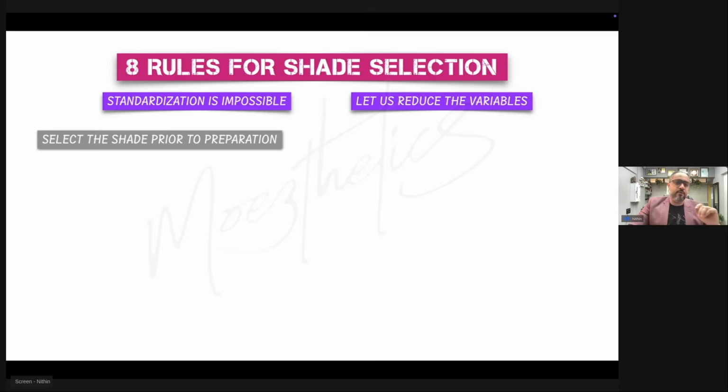Number 1, please write down. Select the shade prior to tooth preparation, not after. This is again something that most people do wrong. After you've prepped the tooth, you go in and select the shade. Don't do that. Always select the shade prior to tooth preparation for 2 reasons. 1, when the patient is keeping the mouth open for too long, the tooth undergoes desiccation, it dries off.